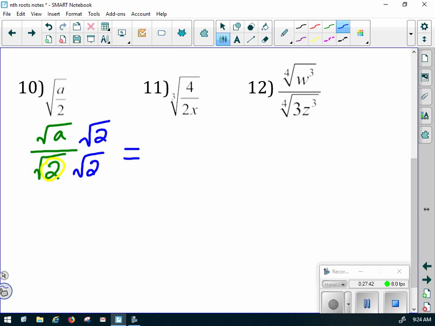The square root of 2. The top part would just be 2. That's it.